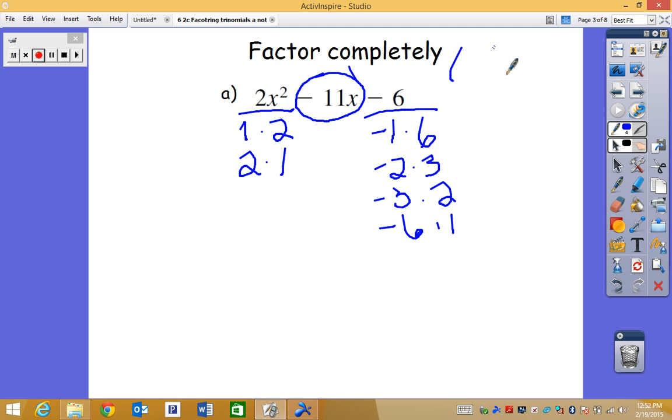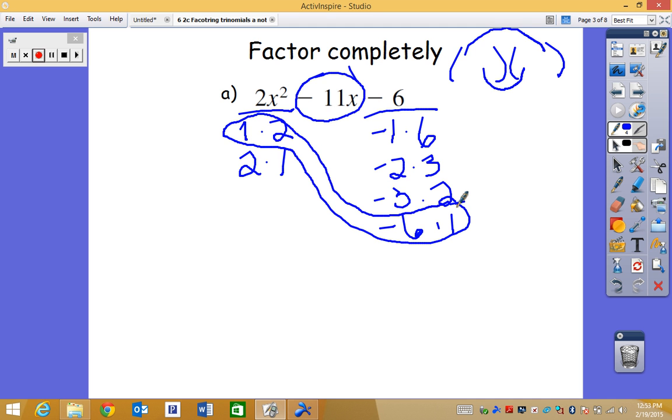So if you think about when we multiply, we want the outside numbers to multiply together plus the inside numbers to multiply together to give us that b term. And so I'm going to go through here and I find that it's actually going to be the first set and the second set here that work.